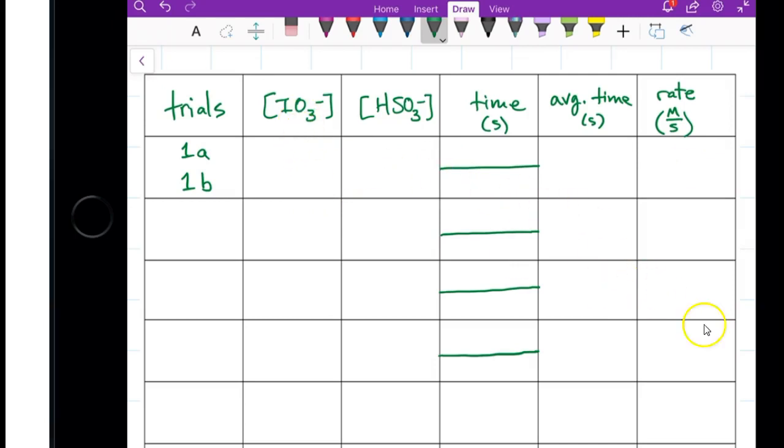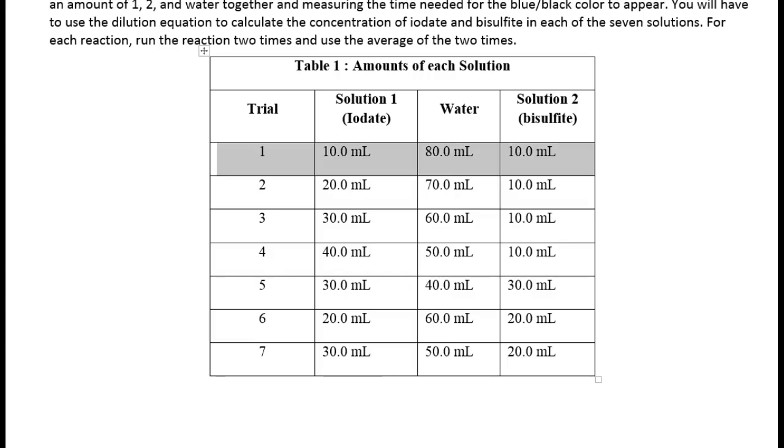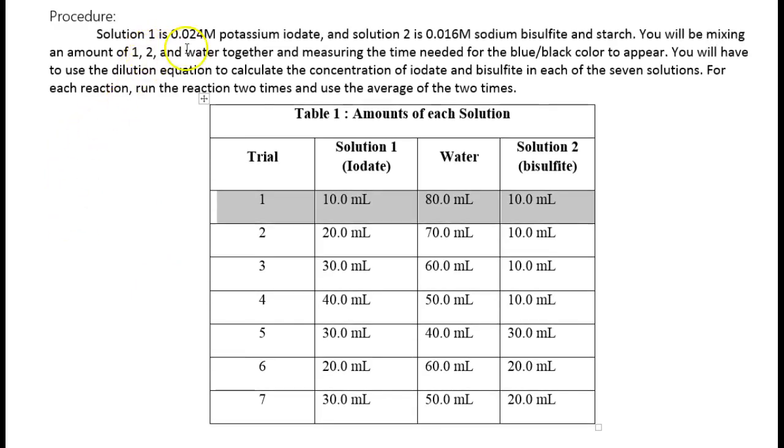So for iodate, I'm going to go back to my sheet for a second here. It says that iodate has an original concentration of 0.024 molar. It's potassium iodate, but really it's just the iodate is the thing we're concerned with. So we have to figure out what the concentration is of the iodate if I'm using 10 milliliters of that concentration, but I'm adding 90 milliliters of other stuff so that the new volume is 100 milliliters.